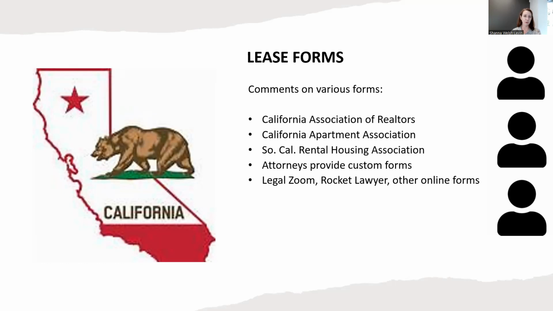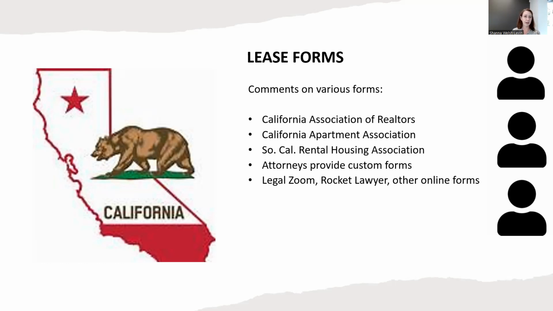I have my own that I prefer. Attorneys always have their own custom forms. We provide leases very often for our clients here at So Cal Realty Law. As I said, I typically default to the CAR forms, but I have a variety of my own forms that I have collected over the years from a variety of other transactions I've been a part of, both residential and commercial forms and addenda.